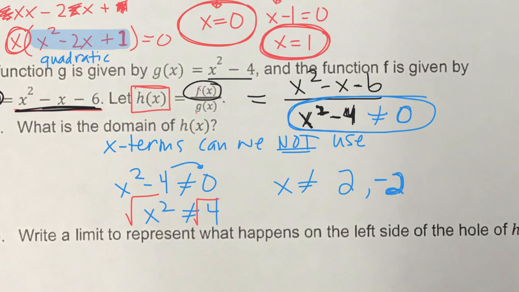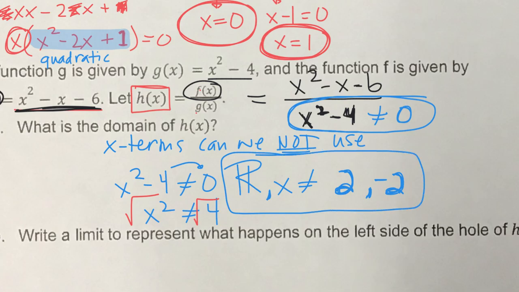So there are two numbers that we cannot use in our equation, and that's positive 2 and negative 2. Any other number, so all real values except for positive 2 and negative 2, anything that makes your denominator 0 has to be restricted from your domain.